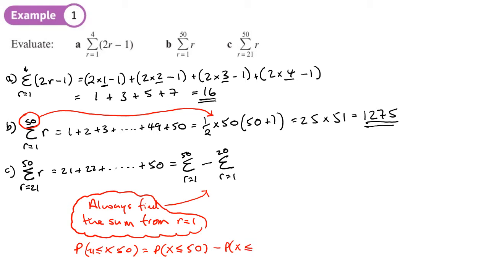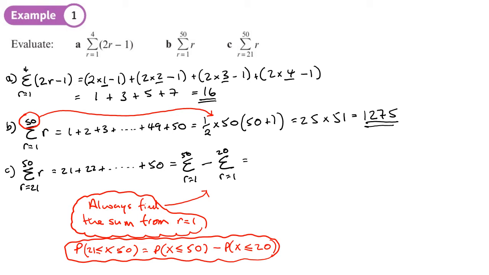It's the same principle, taking off the ones that you don't want. So the same technique that you used when you did binomial or Poisson, we do here, because the formula gives you the cumulative sum from 1.